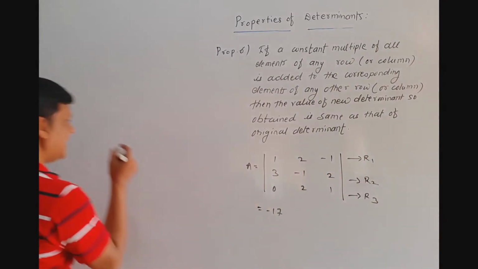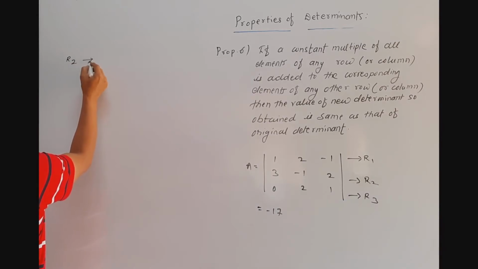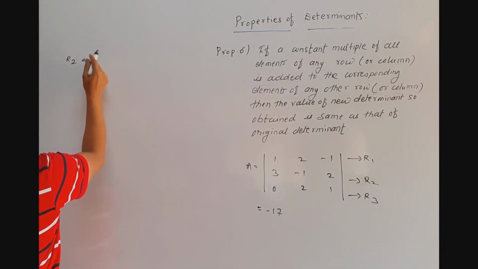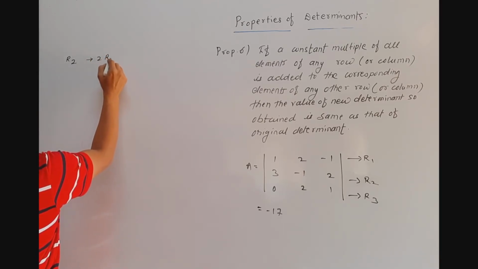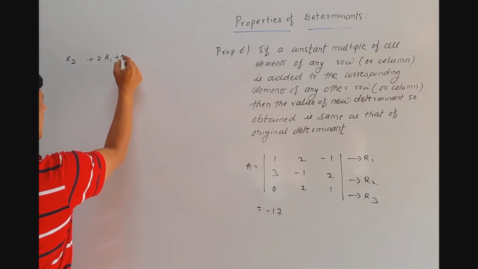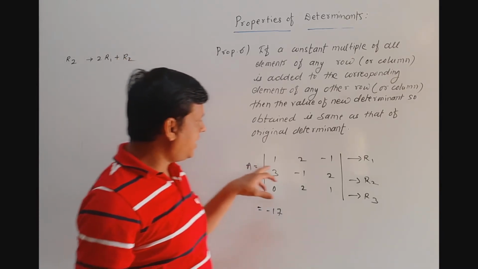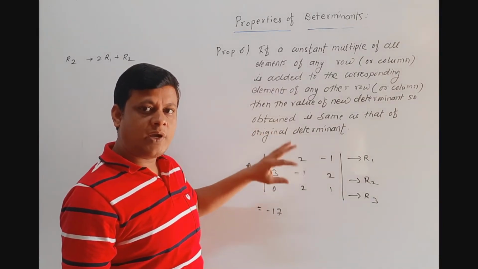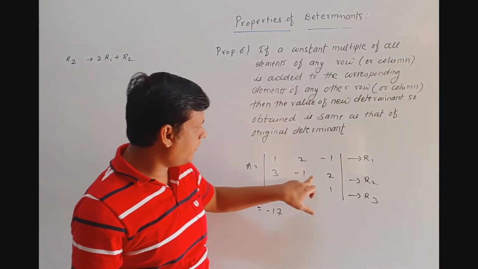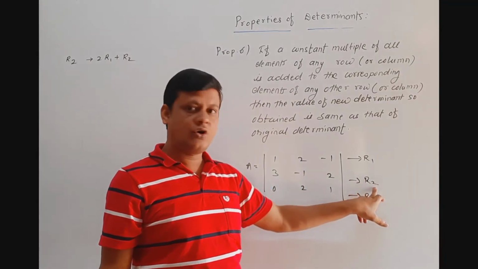So we write here R2 changes to 2 times R1 plus R2. That means we multiply the elements of the first row by 2, and add the corresponding values to the corresponding elements of row R2.